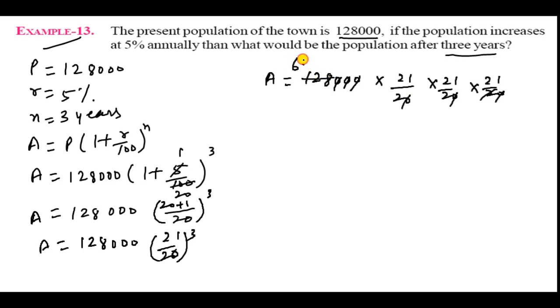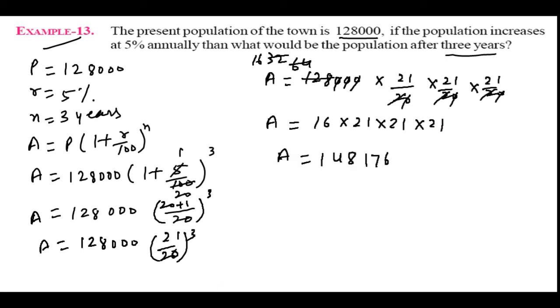So let us calculate the amount. It is 128,000 into 21 upon 20 into 21 upon 20 into 21 upon 20. So 10, 20, 30 will be cancelled with this 30.